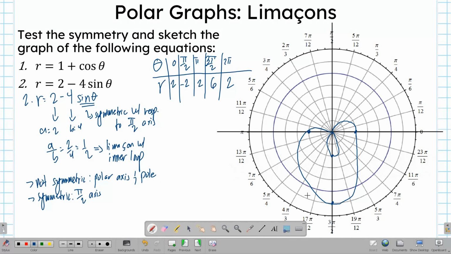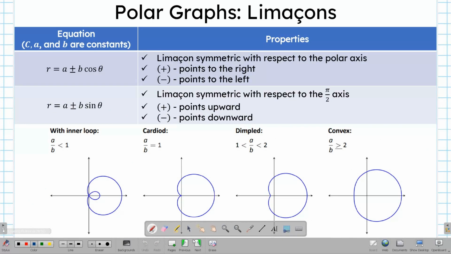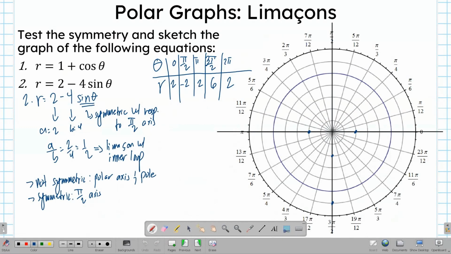I know I'm not good at drawing. Anyway, that's a limaçon with an inner loop.